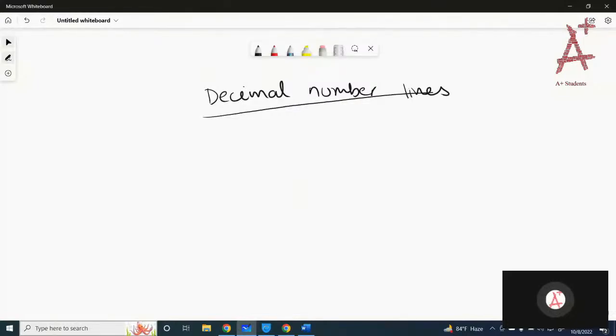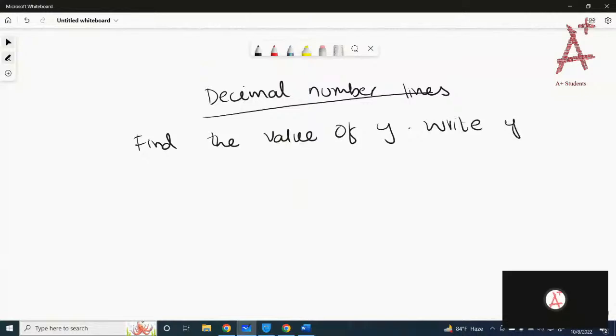Find the value of y, write your answer as a decimal number. Okay, so the number is represented on a number line.